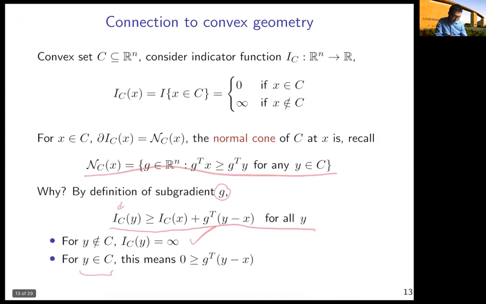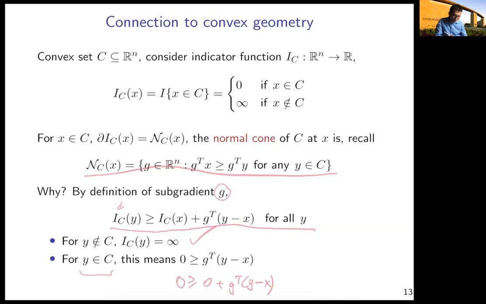When x is inside the convex set as well, then clearly we get 0 larger than 0 plus G transpose (y minus x). When we take the G transpose x to the other side, we end up recovering the definition of the normal cone. So all the G's that satisfy this condition are in the normal cone.